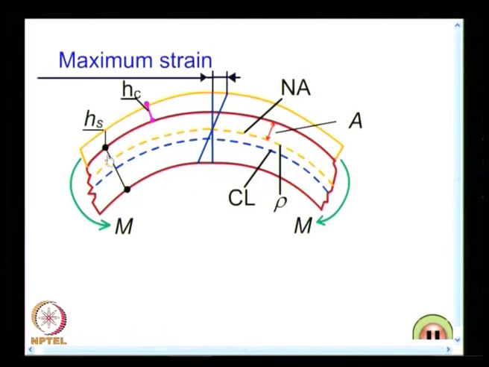So, you look at, I have a thickness of the specimen, I have the thickness of the coating, and the neutral axis no longer coincides with the centroidal axis of the specimen cross section, but it gets shifted, and we have labeled the distance from one of the ends of the specimen top surface to the neutral axis as A, and you have a radius of curvature rho, and you could see very clearly within the coating there is strain variation.